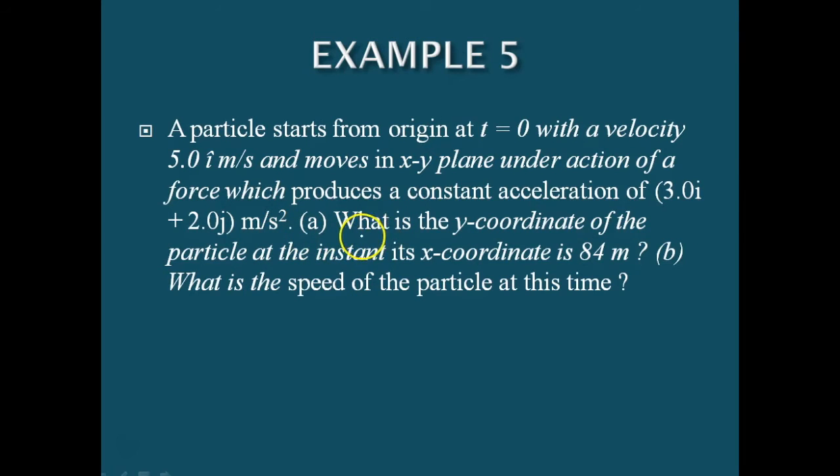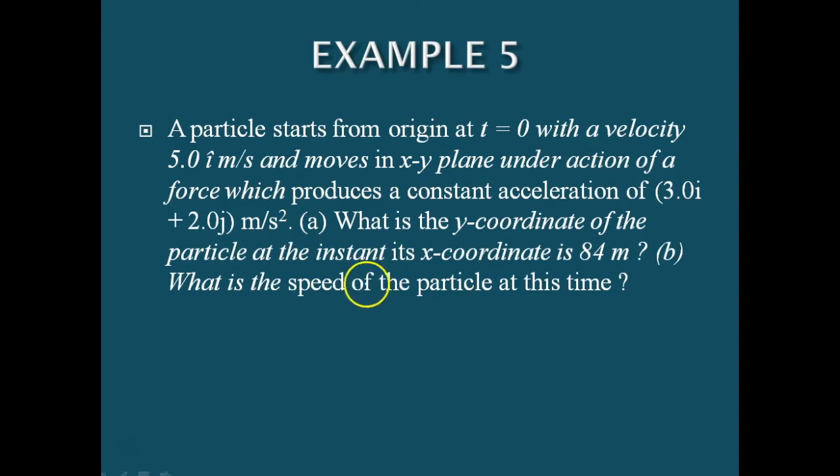First we should find what is the y coordinate of the particle at the instant its x coordinate is 84 meter. What is the speed of the particle at this time?